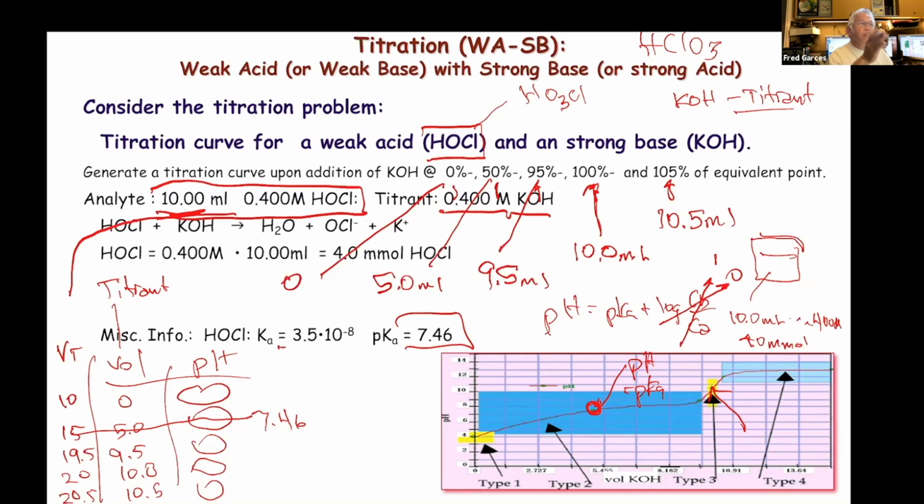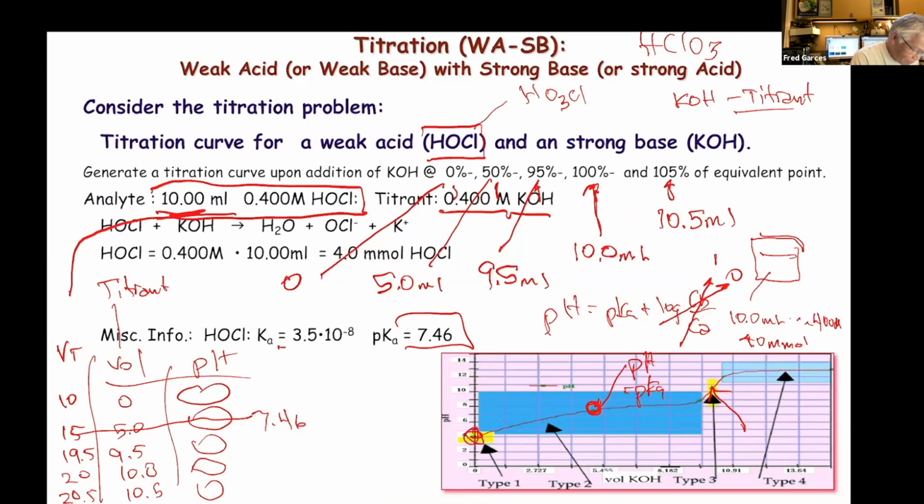So you know that 10 milliliters is 100%. 5 milliliters is where pH equals pKa. You guys are going to have to know this for lab. Okay, when you do your unknown. So I already got a point. I got some points right now because I've got data. Okay, so yeah, it's messy here, but that's how you're going to have to set this up.